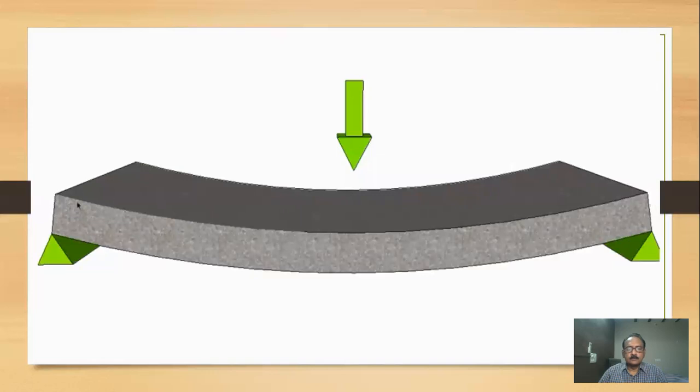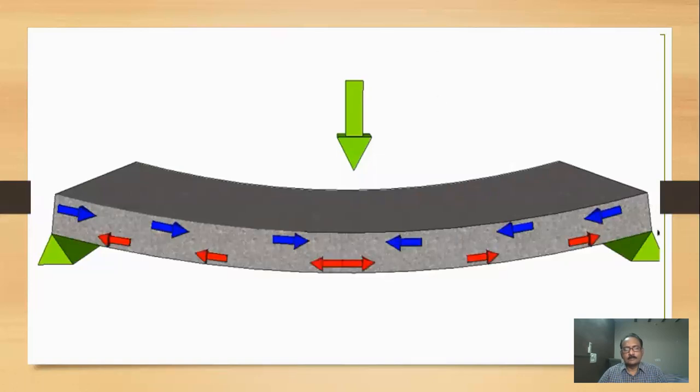Because it's now a concave shape, the top of the slab is actually being compressed by the load, and the bottom half of the slab is now in tension because it's actually been made longer.